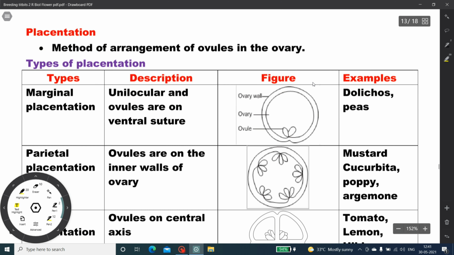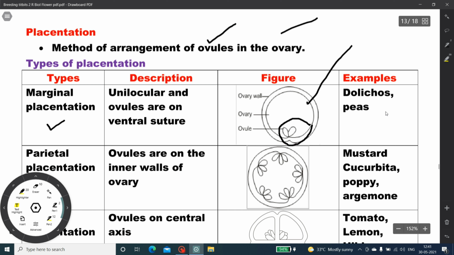Then we will move on to the placentation. Placentation is nothing but the method of arrangement of ovules in the ovary. We have different types of placentation. Marginal placentation is unilocular, meaning only a single locule, and ovules are on the ventral suture of the ovary.